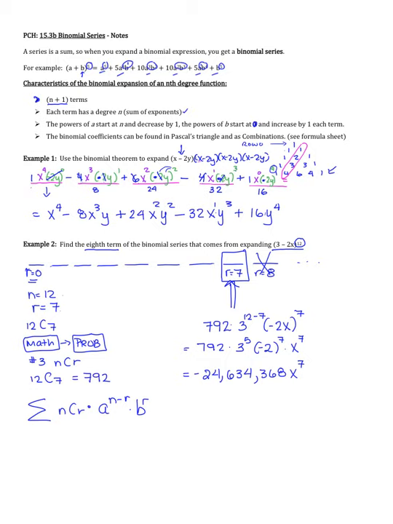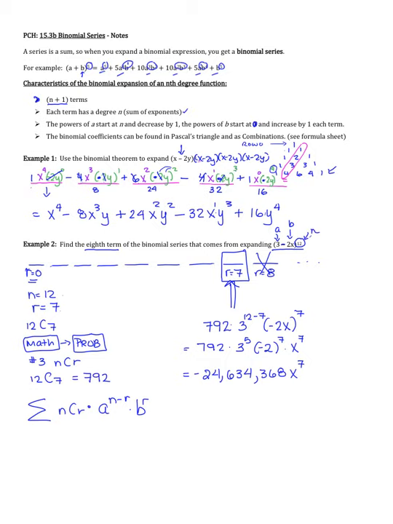Now, once you do this a few times, it goes a little bit faster. Obviously, I'm trying to explain the process, so that takes a little bit of time. But basically, this is your A value. This is your B value with the negative there. This is the n.